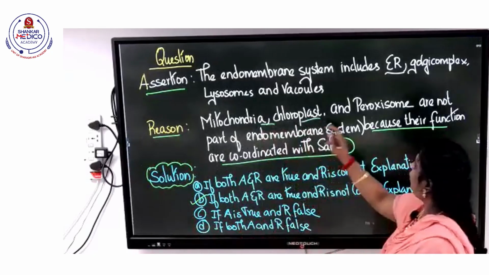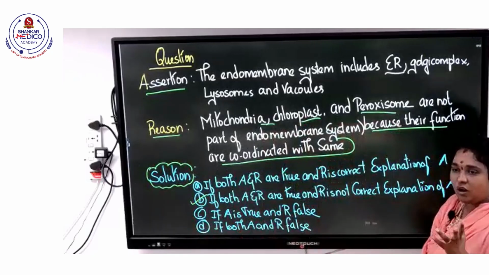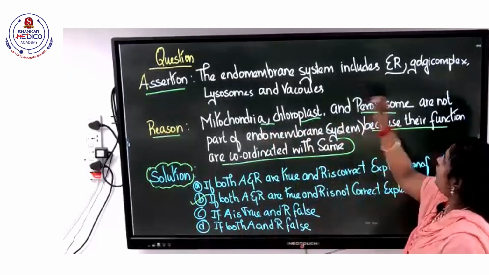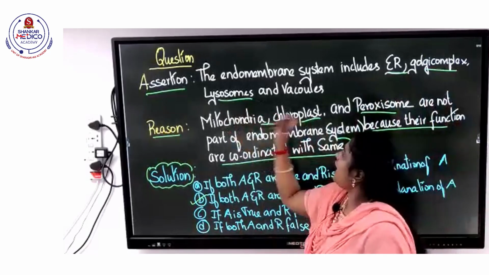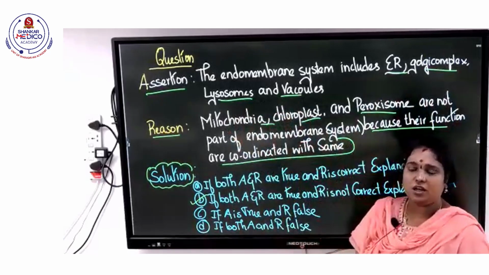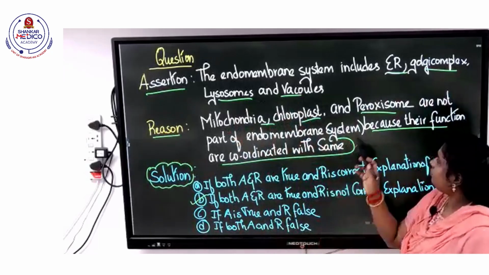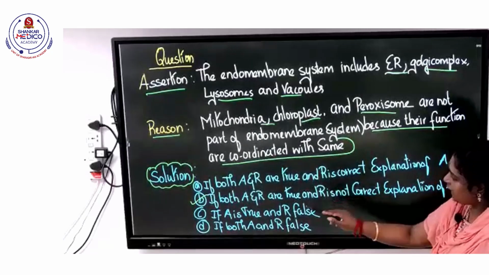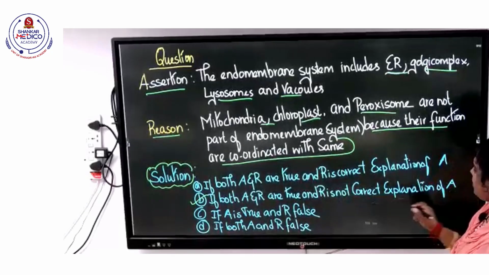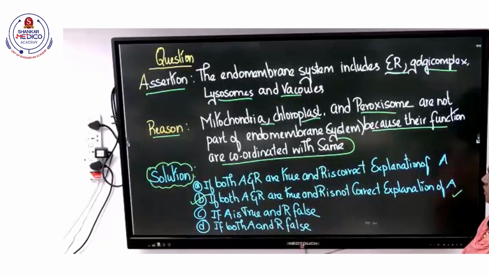Mitochondria, chloroplast, peroxisome functions are not coordinated. Whose functions are coordinated? Endoplasmic reticulum, Golgi apparatus, lysosomes, and vacuoles. Only these functions are coordinated. So the option is: both A and R are true, but R is not the correct explanation of A.